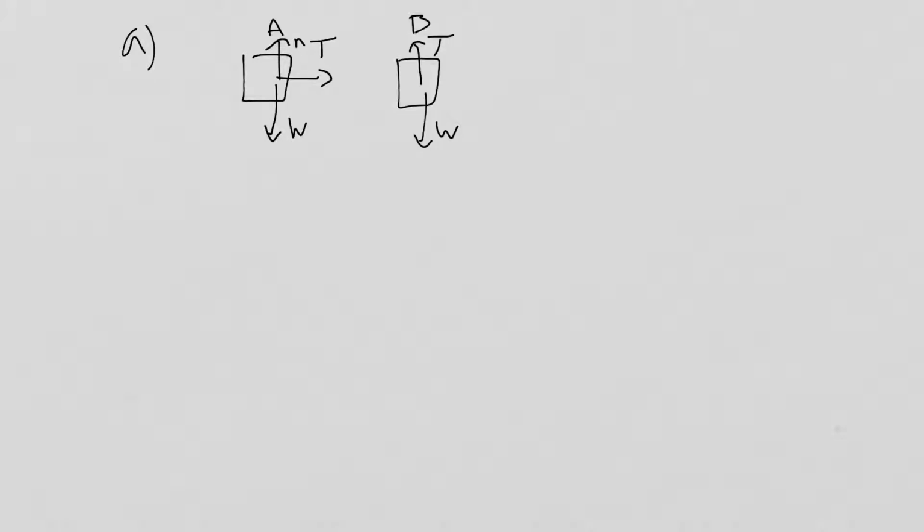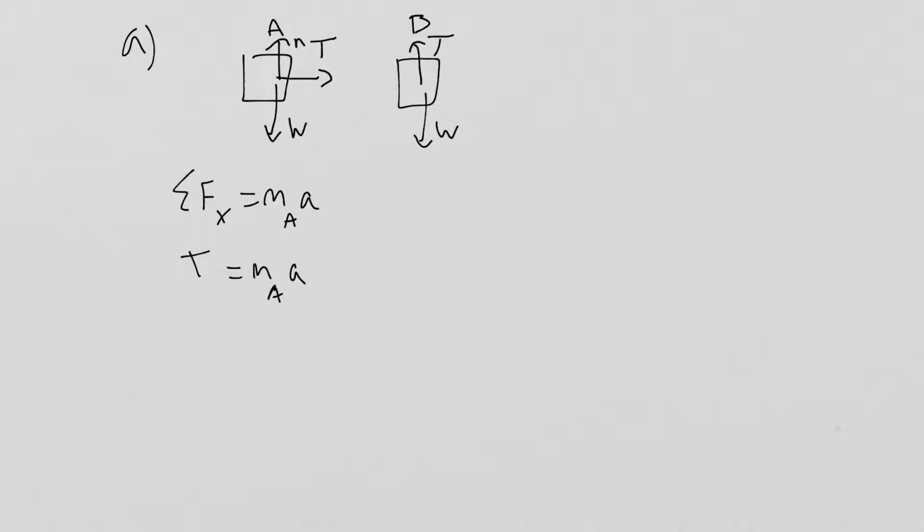Now, to figure out the acceleration, we need to write Newton's laws. And since we're being asked about the acceleration, it's probably not true that the acceleration equals 0. For block A, it's accelerating horizontally, so I'm going to write about the horizontal forces. And there's only one horizontal force, it's the tension.